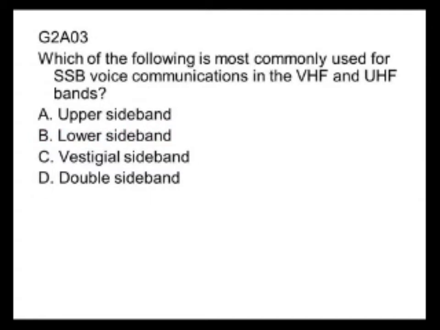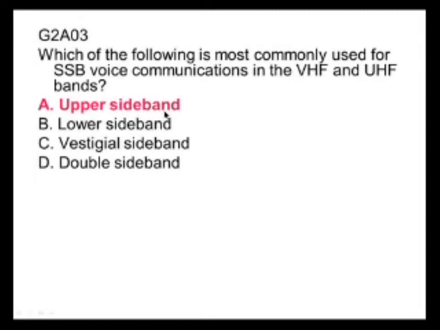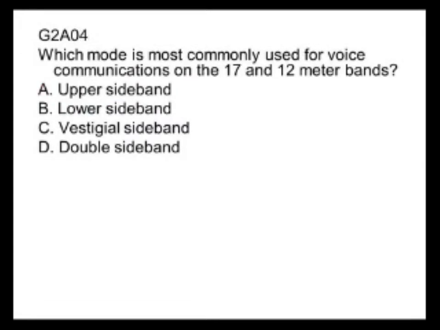Which of the following is most commonly used for single sideband communications in the VHF and UHF bands? It's above 9 megahertz. It will be the upper sideband. Which mode is most commonly used for voice communications on the 17 and 12-meter bands?